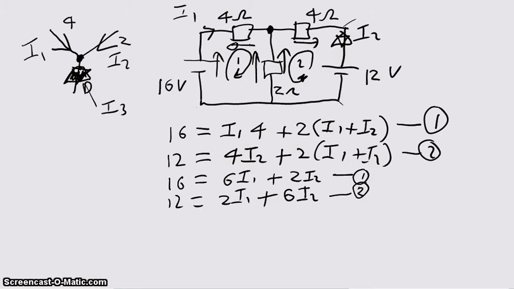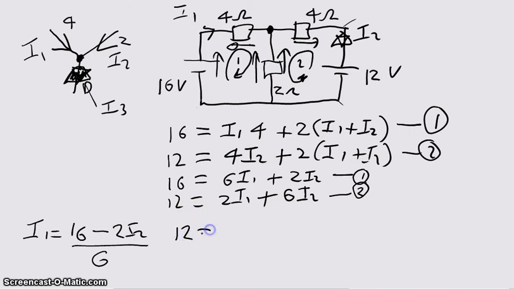Now we can solve those two equations for I1 and I2. You can just use substitution, or any method will do. You can say, for example, that I1 equals 16 minus 2I2 all over 6. And then if you know that from 1, you can sub it into 2.